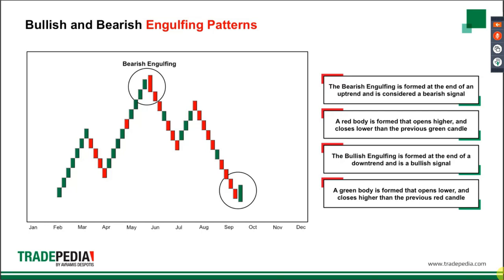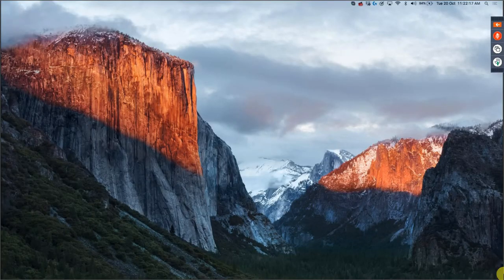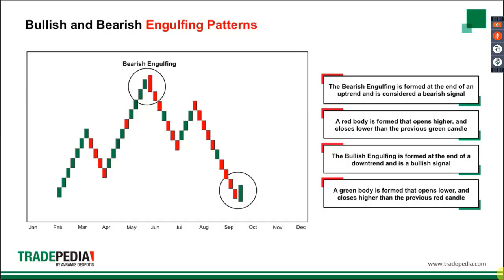I have a question by Casey. Do we consider covering only the body, or to include the wick of the previous candle? I would say that usually the bullish engulfing candle covers the whole thing.